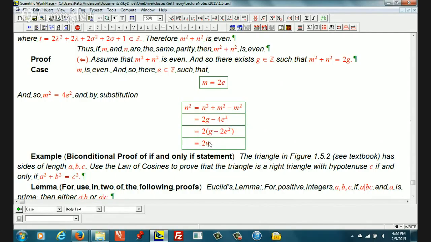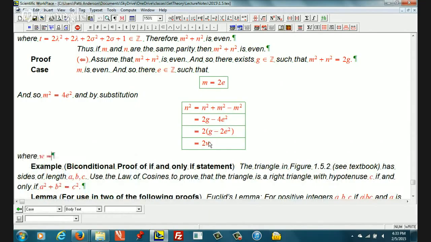That's equal to 2w, where w is equal to g minus 2e squared is in the integers. So what do we know then? n squared is even. Or n is even, by the first proof we did. We believe that n is even.